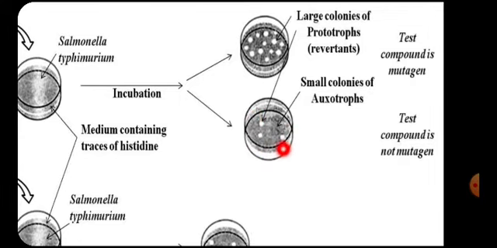These colonies are the results of spontaneous mutation, which is not related to the action of a chemical mutagen, so these large colonies may appear here. So this indicates that the test compound is not a mutagen.